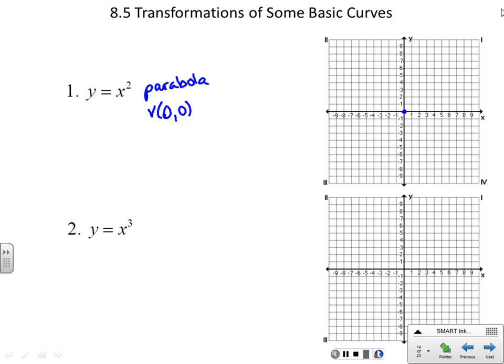Now, on your test next week, I'm going to ask you to plot the vertex, the center, the turning point, whatever, and two other points. So for this one, you can use the T-chart and the mirror image. So if I choose 2, I'm going to get 4. And then the mirror image of it is going to be -2, 4.